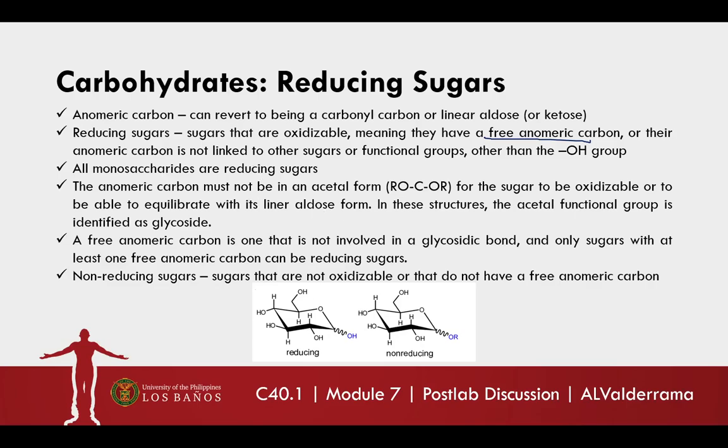For example here, since this is our anomeric carbon, so dito, naging OH siya. So, it means that this is a free anomeric carbon. Sabi na, ang dulo niya, OH.